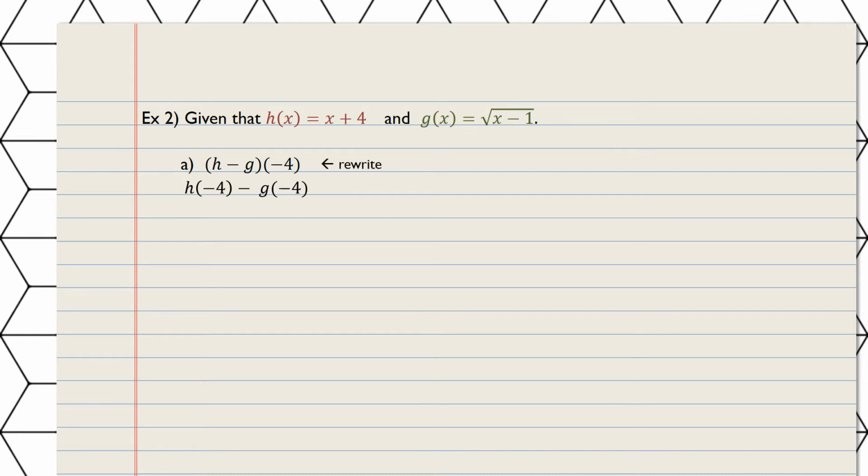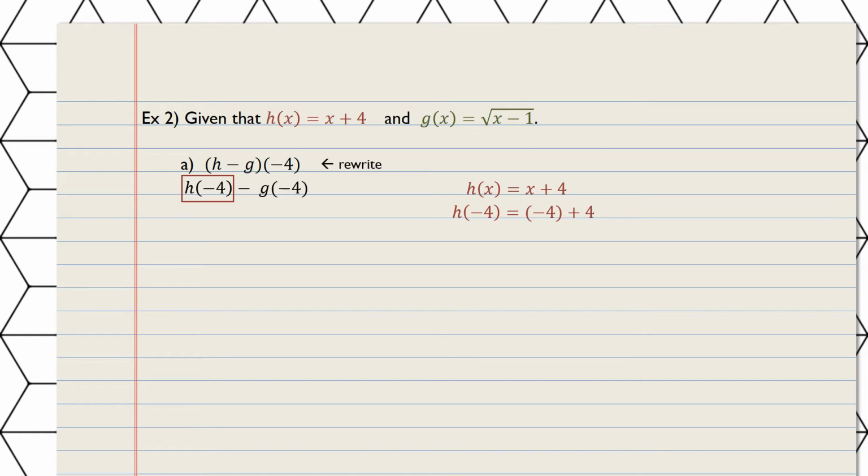This means h of -4 minus g of -4. We look at the first function, which is h, and recall h is x plus 4, and every time you see x, you will replace it with the value of -4.